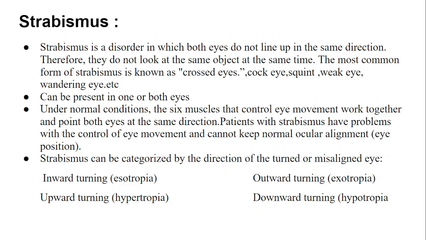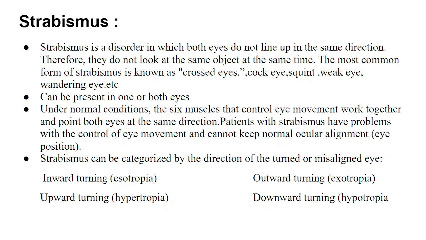Strabismus. Strabismus is a condition in which the eyes do not line up properly, leading to misaligned eyes. It can affect one or both eyes, and it is usually caused by a problem with the muscles that control eye movement or the nerves that transmit signals to those muscles.